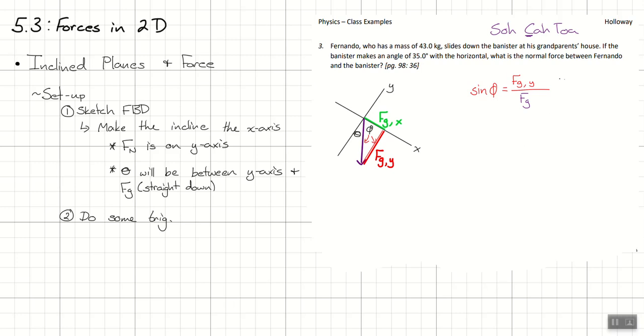I can solve this by multiplying both sides by FG, which means we would get force of gravity times the sine of, and I'm going to do a little thinking here and put in this value. If this was 35 degrees at theta, then phi must be its complement and add up to 90, so I know that sine of 55 degrees is going to be phi. This angle right here has to be 55 degrees. Cool. Well, that's still just equal to, after multiplying both sides, the force of gravity in the Y direction.